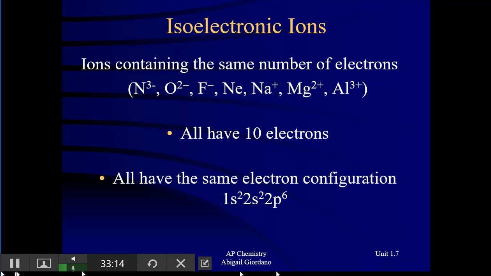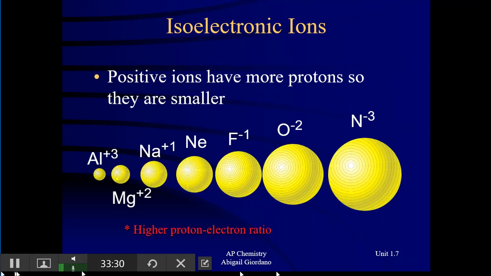They all have 10 electrons. Those are called isoelectronic particles, sometimes you'll see it as isoelectric particles. However, do you think they have the same size? I assure you they do not.